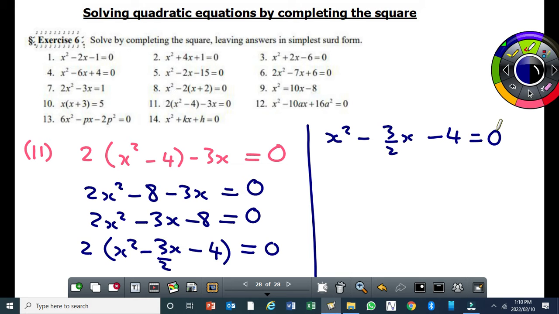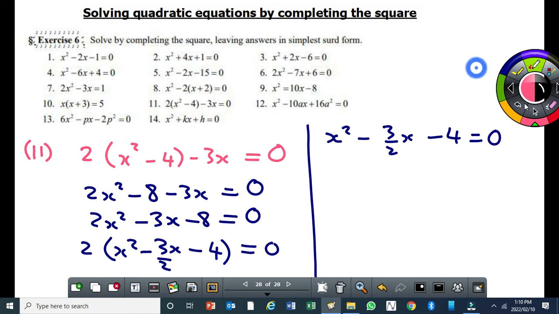Remember, if I divide this 2 by itself, I also divide the 0 by 2. Alright? Okay, so the next thing now is, let's move the minus 4 to the right. So x squared minus 3 over 2x is equal to 4.